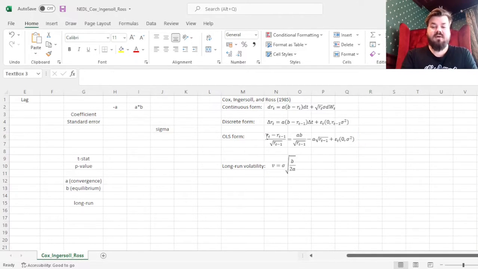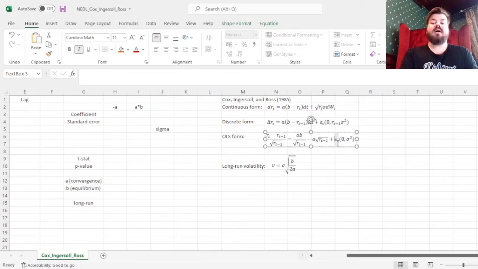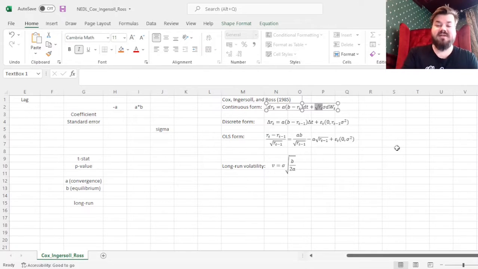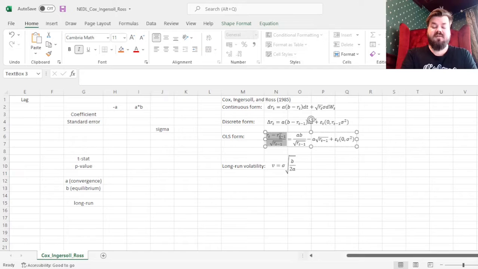We divide both the dependent variable by this component as well as the right-hand side. And that allows us to treat our error term as homoskedastic because we adjust for this term explicitly. And it leads us to regressing the difference of the interest rates normalized by the square root of the lagged interest rate onto a weighted constant, an adjusted constant, and the square root of lagged interest rates.